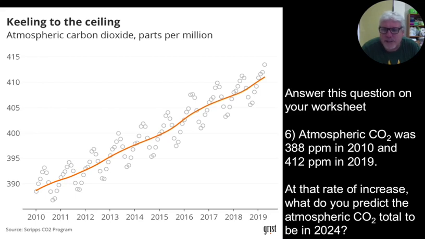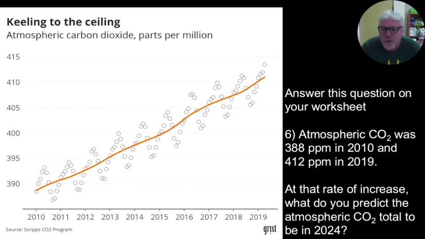At that rate of increase, what do you predict the atmospheric CO2 level to be in 2024? Well, how would we figure this out? In 10 years, we went up 24 parts per million. Well, that's pretty easy. 24 divided by 10 is 2.4. We're going to extrapolate or extend this thinking, okay? At this rate of increase, what do we predict the atmospheric CO2 to be in 2024?